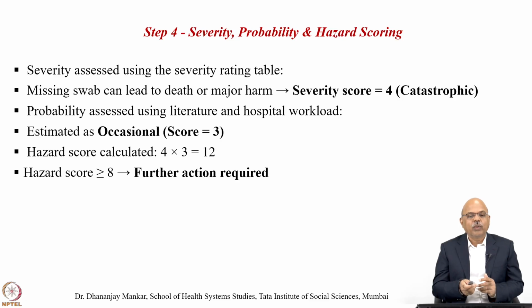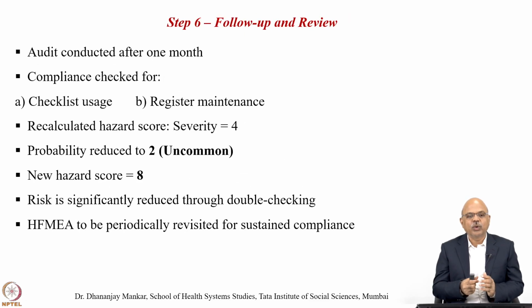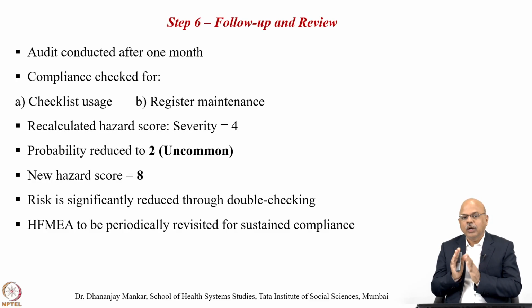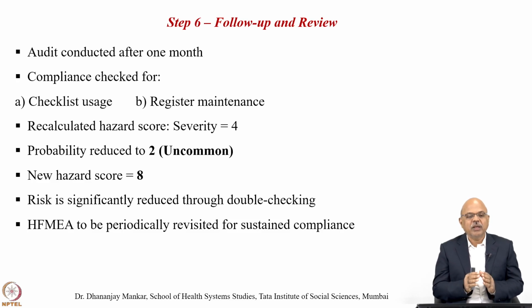The risk is significantly reduced through double checking. It is not possible that it will reduce directly from 12 to 4 or 6, but definitely, if the HFMEA is periodically revisited for sustained compliance, it will give a great benefit, and follow up and review will make a drastic change.